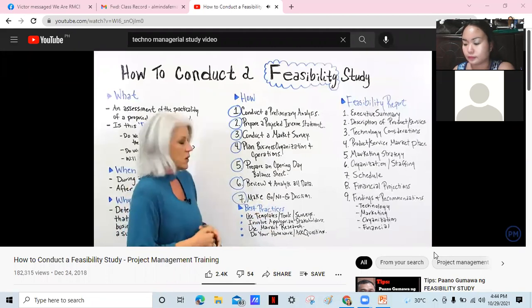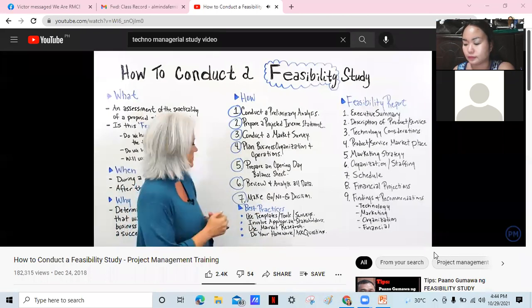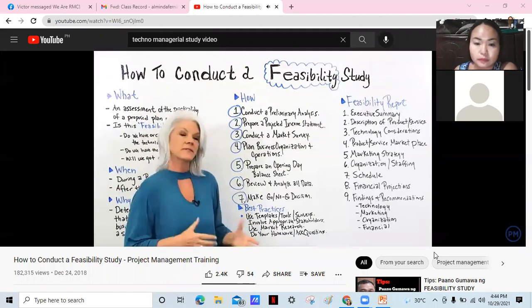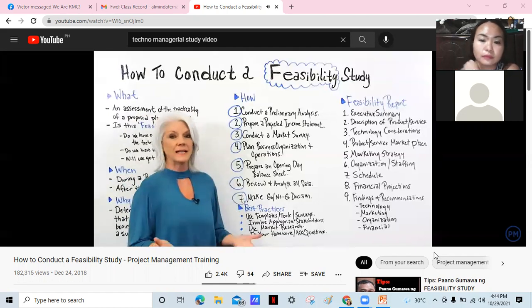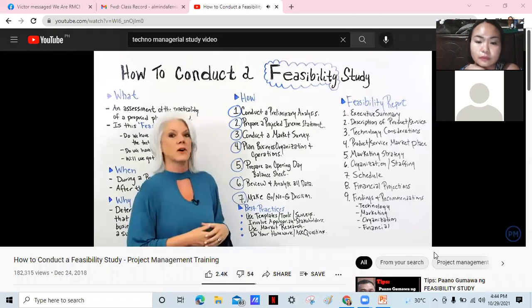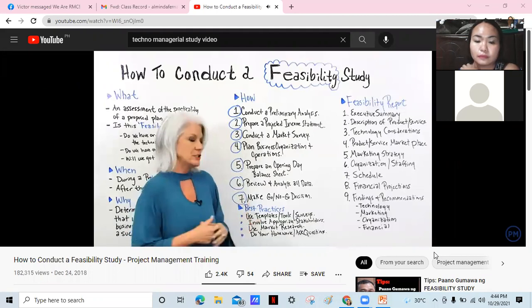opportunity or not. Here are some of the best practices to use during your feasibility study. One is use templates, tools, and surveys that exist today. The great news is data is becoming more and more prevalent. There are all kinds of technologies. There are groups that do nothing but research, things that we can leverage today.